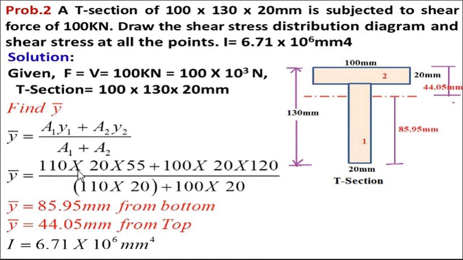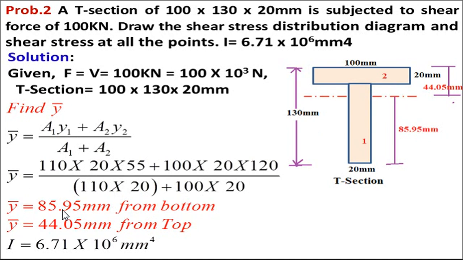So it is A1, 110 into 20, A1 into y1 is 55, plus 100 into 20 is the area into y2, means what? The center of this area from the bottom. From the bottom it is 110 plus 20 by 2, means 120, divided by A1 plus A2. By solving this, you will get y bar.